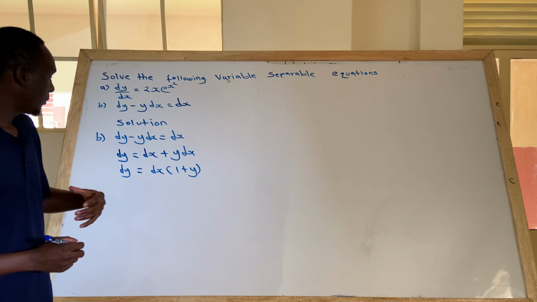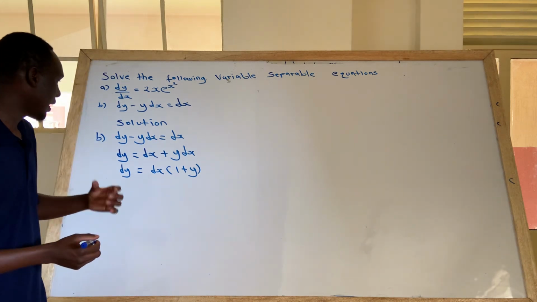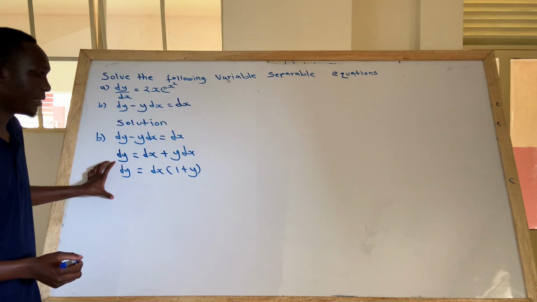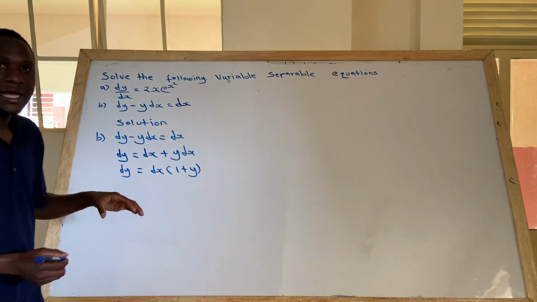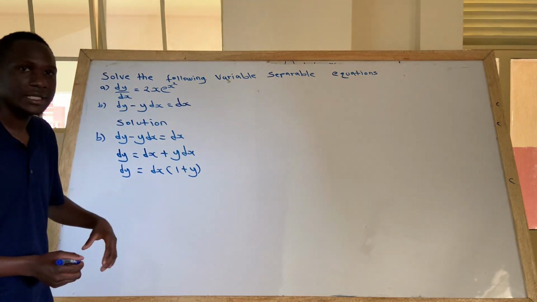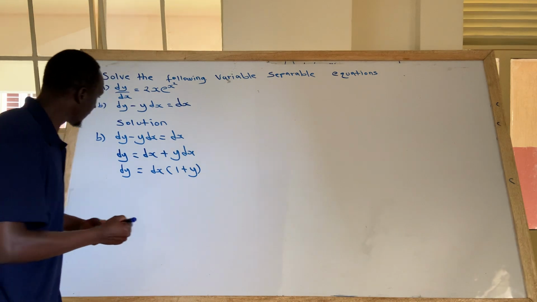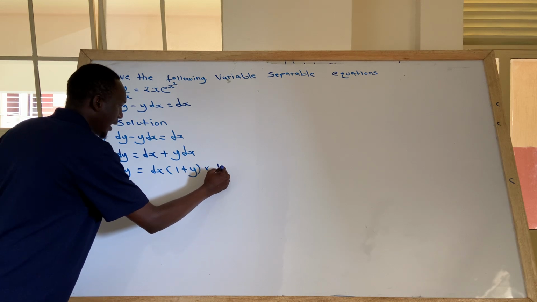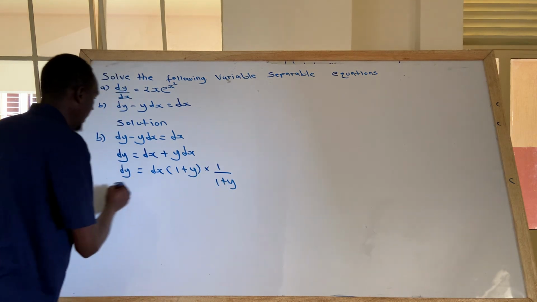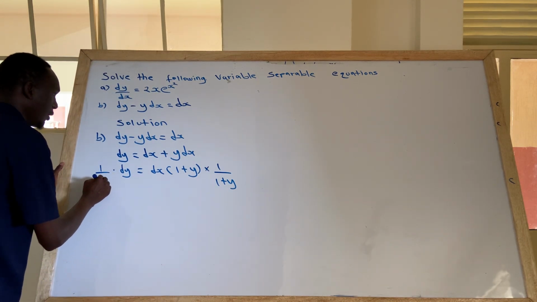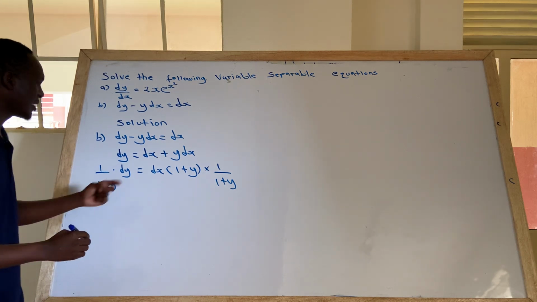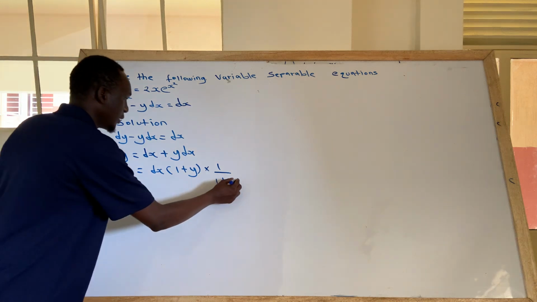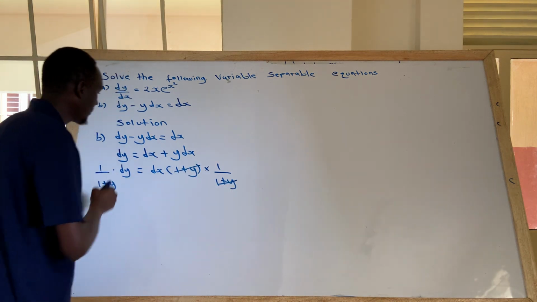Our next step: we should make sure that everything on the left side is in terms of y and everything on the right side is in terms of x. We'll just multiply across by 1 over 1 plus y. Since you already have the x here, this one simplifies with this one.